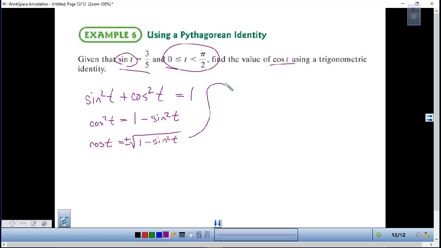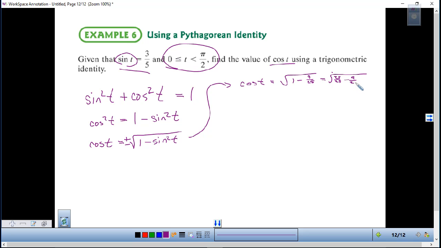So let's go ahead and plug our value in. So cosine t is going to equal the square root of 1 minus, now what is 3/5 squared? Well, it's 9 over 25. We square the top, square the bottom. So we've got to do some subtraction in there. Well, 1 is just 25 over 25.